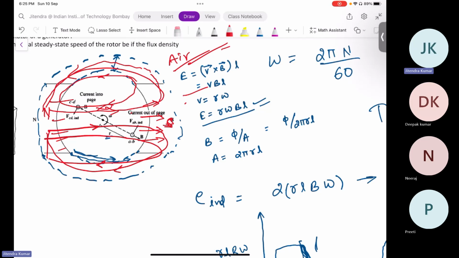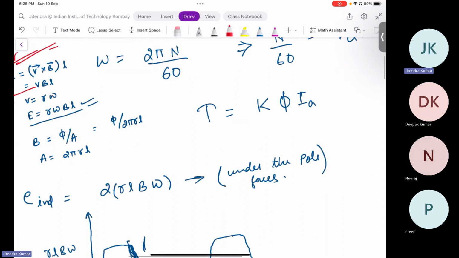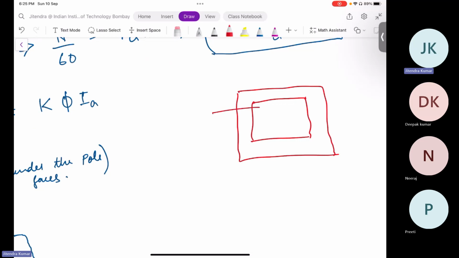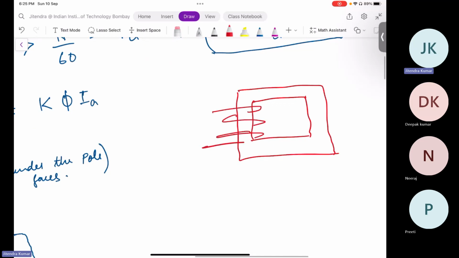But for the time being, take it from me that this flux will complete its loop. It will link this conductor, and it will complete its loop just like in a transformer. See, in a transformer we had such a core, which was producing the flux, right?